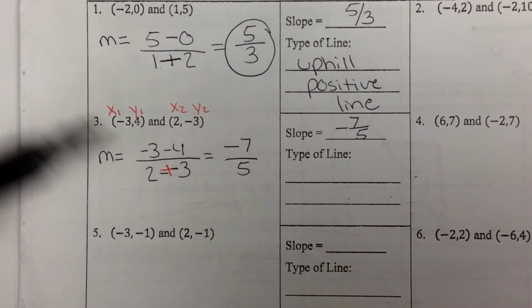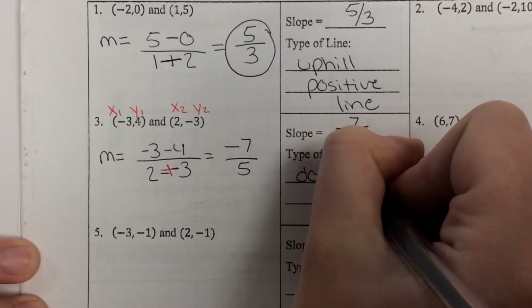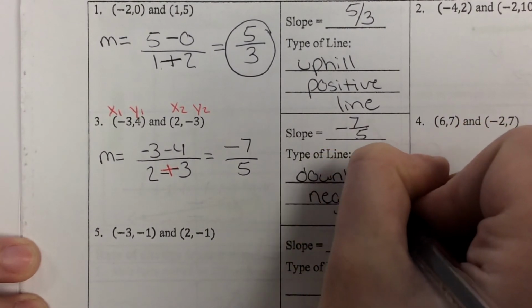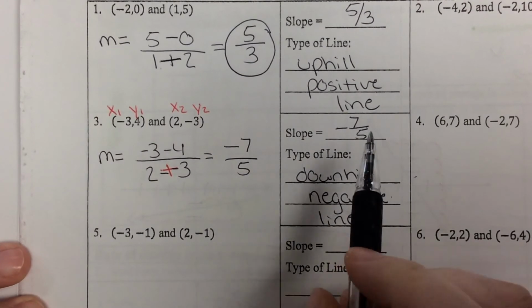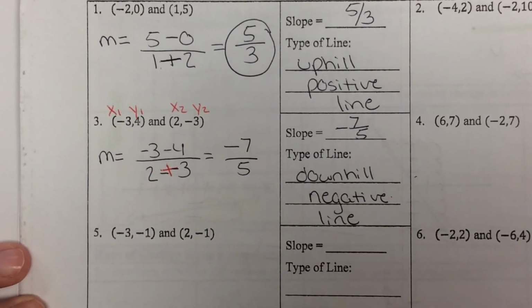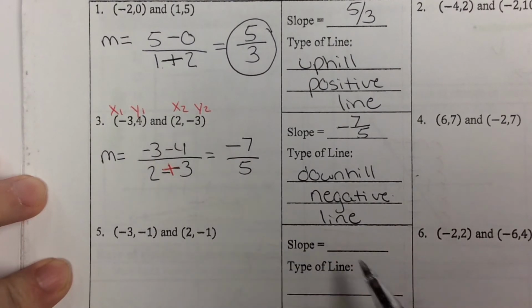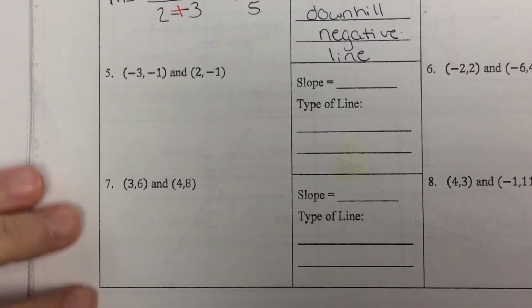So what this means is this is going to be a downhill negative line. Okay? And you know this by the fact that the slope is a negative number. Negative slopes are going to go down. Okay? Have a decline.